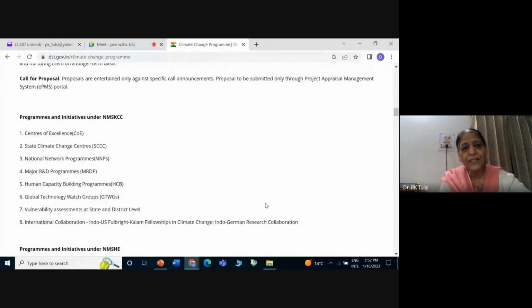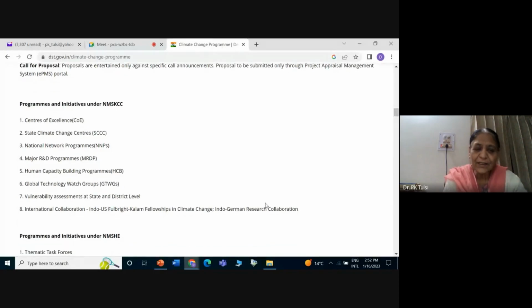Now, here you can see that the programs and initiatives which have been undertaken include establishing the Center of Excellence, state climate change centers, national network programs, major R&D programs, then human capacity building programs, global technology watch groups, then vulnerability assessment at state and district level, then international collaborations to be forged.